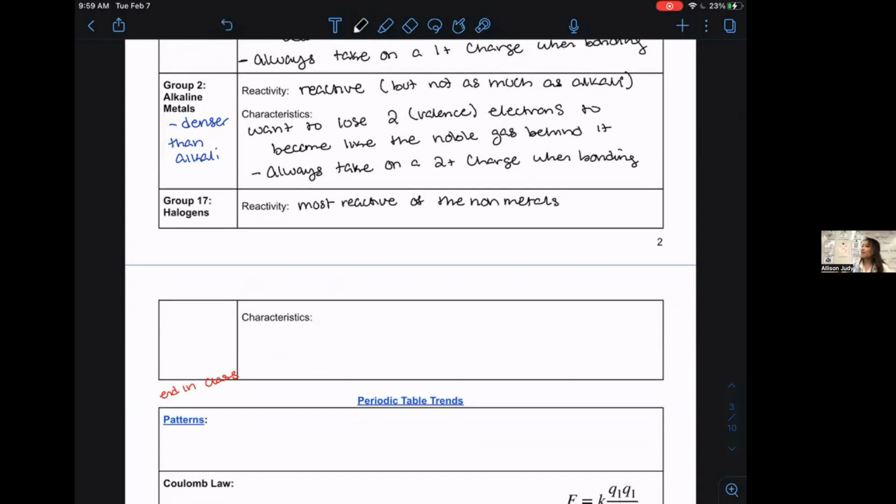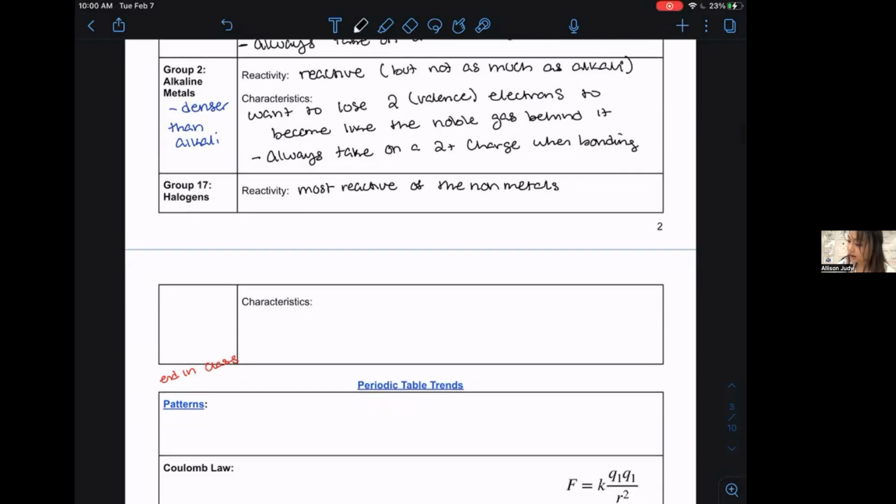What do they really want? They just really want to gain one electron. So they're just as desperate as an alkali, just the opposite way. One really wants to lose one to become like the noble gas behind it. But this family really wants to gain one to become like the noble gas in front of it.